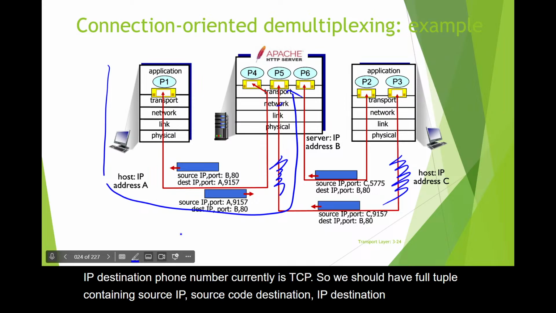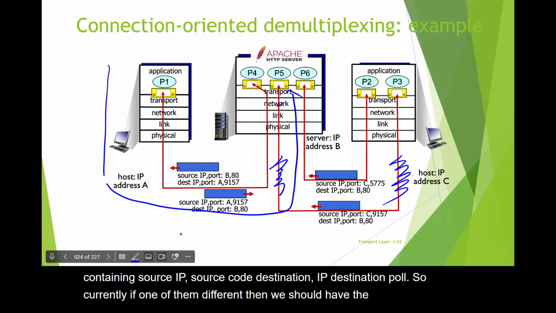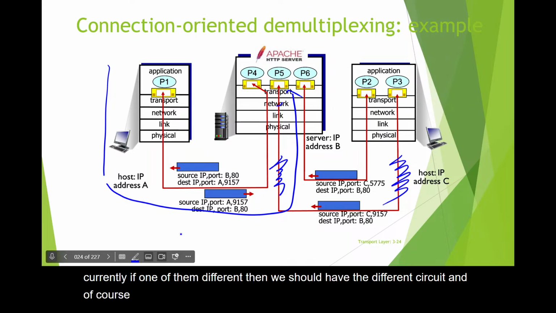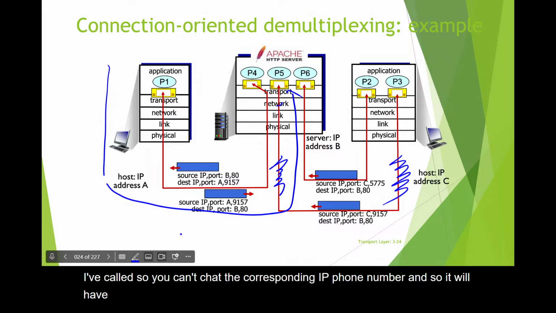If one of them is different, then we should have a different circuit. And of course, a different circuit here means a different process. Well, is it okay? And of course, you can check the corresponding IP and port number, and so you will have the full tuple.